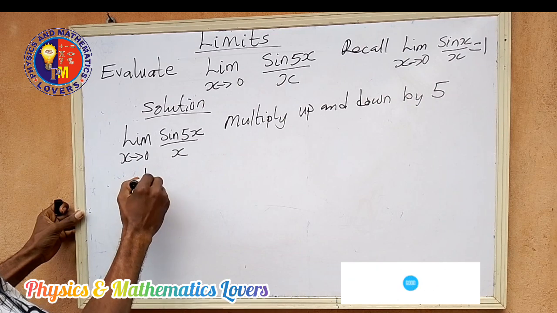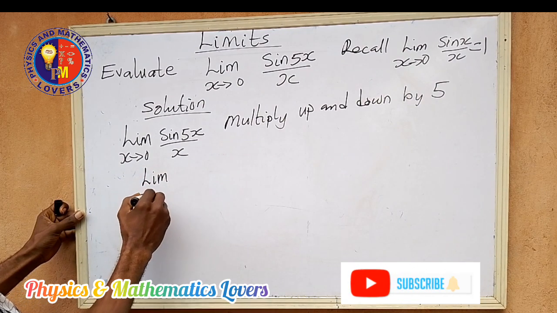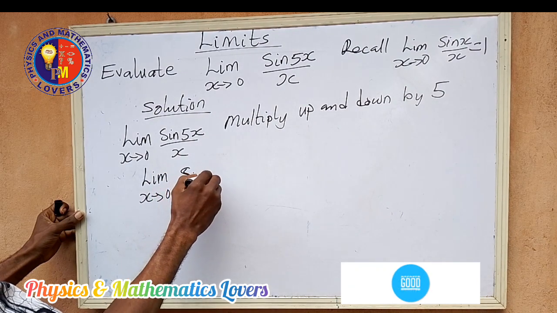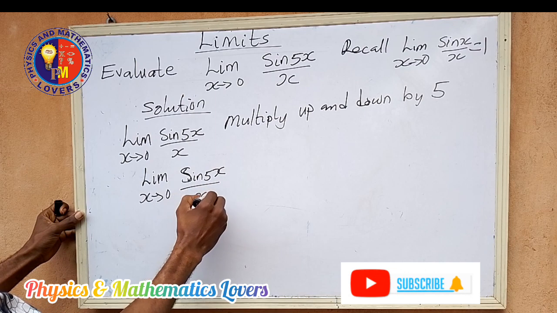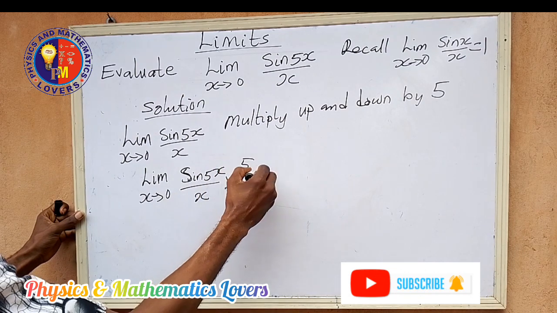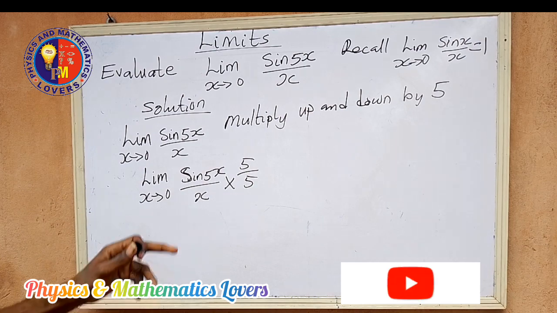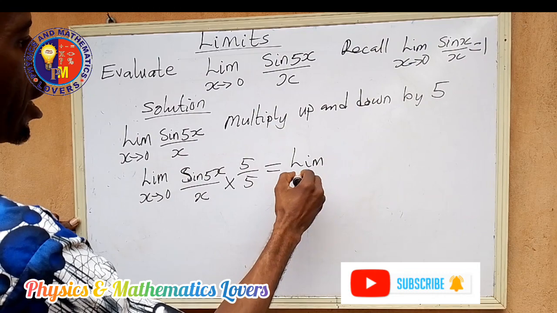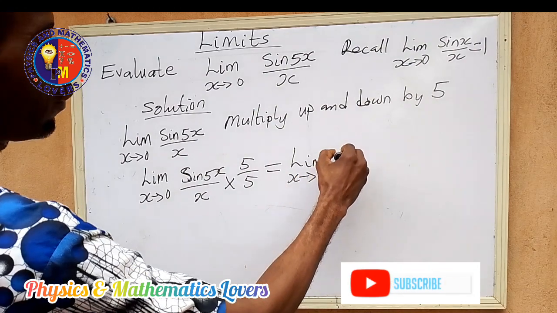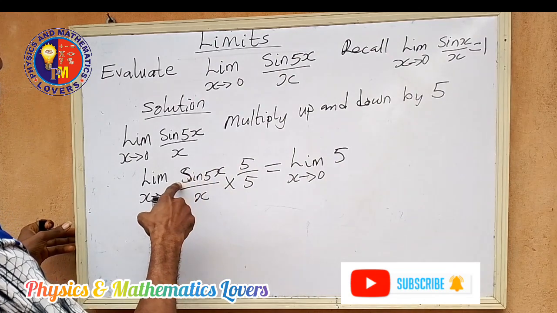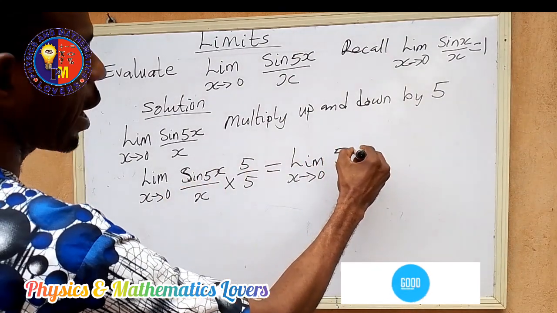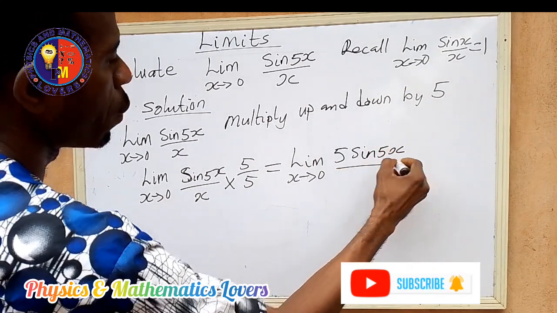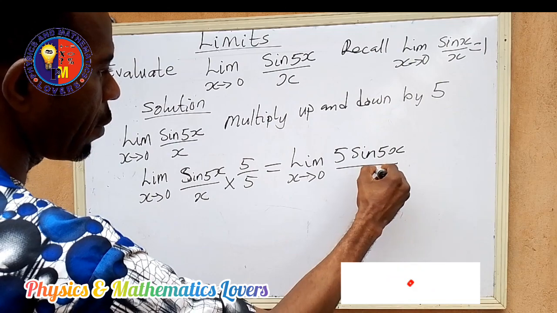At the end of the day, I am going to have the limiting function as x tends to 0 of sine 5x all over x times 5 over 5. So this becomes the limit as x tends to 0 of 5 multiplied by sine 5x all over 5x.